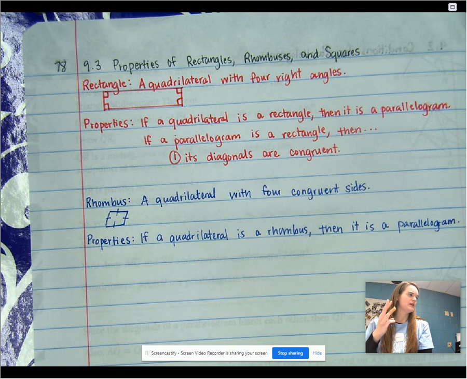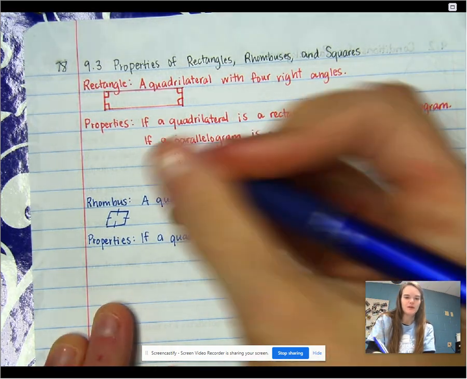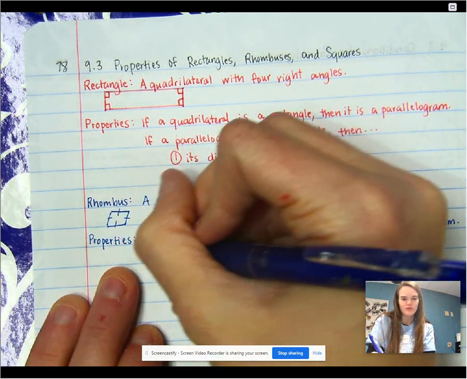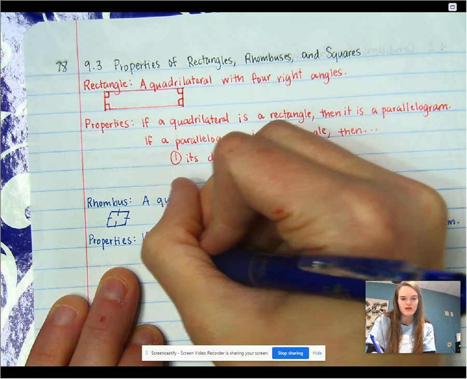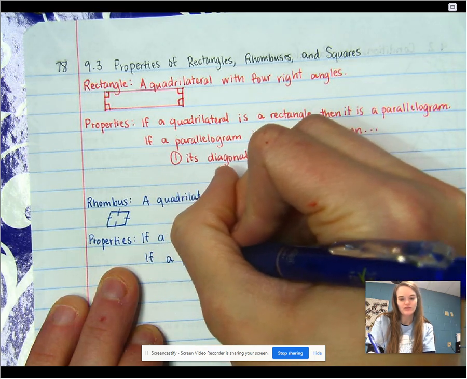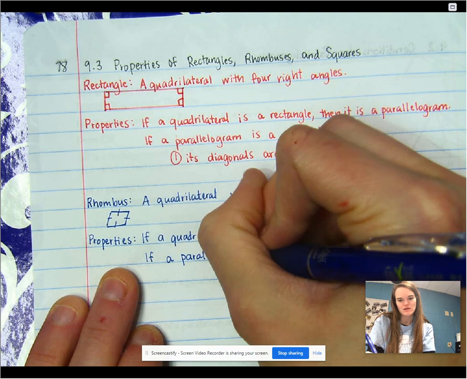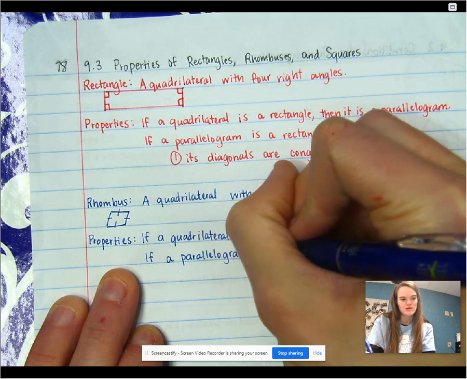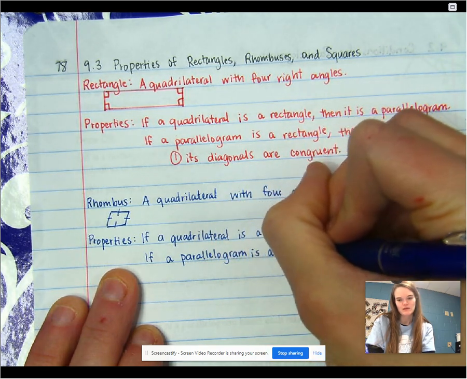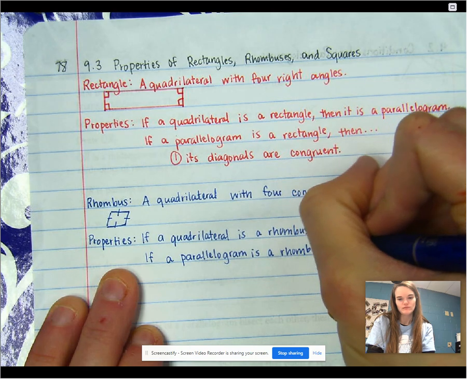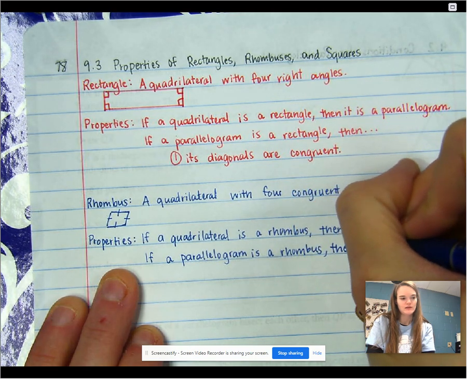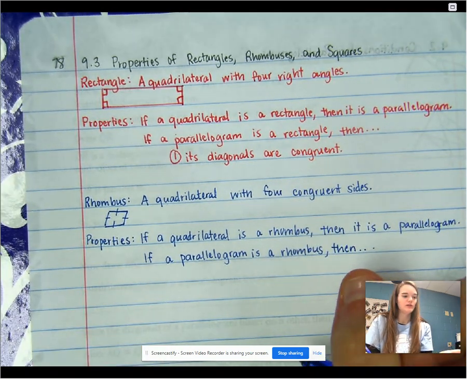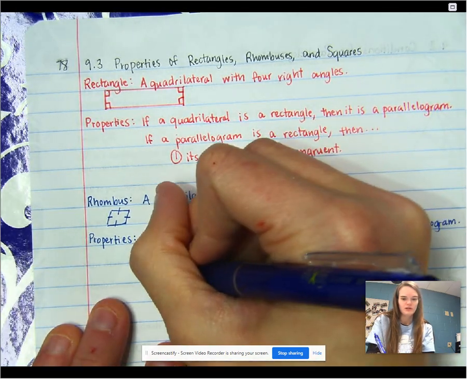So you've got those 3 things about a parallelogram true, okay? But also, specific to a rhombus, if a parallelogram is a rhombus, then there are 2 things extra that are true.